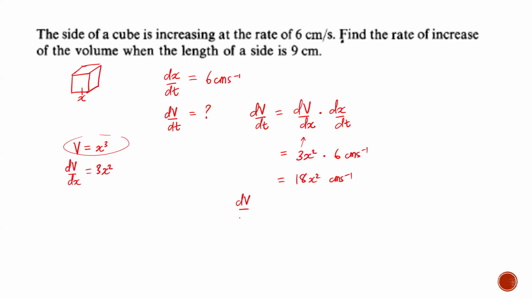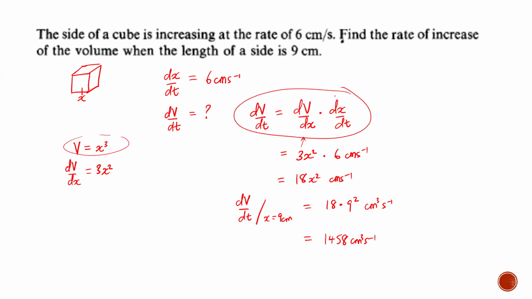So dV/dt, when x is 9 centimeters, would be equal to 18 times 9 squared. This will be in centimeters cubed per second, and the answer here is 1,458 centimeters cubed per second. And so that's how we use the chain rule to calculate the rate of change of the volume when the length of the side is 9 centimeters.